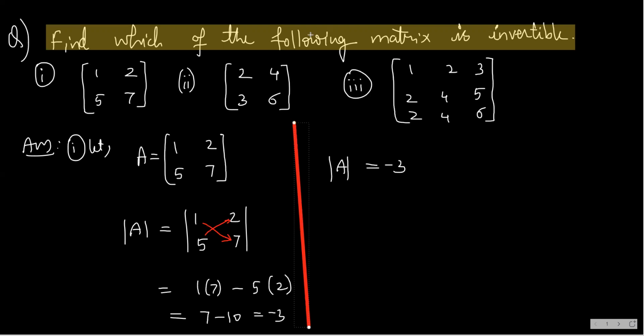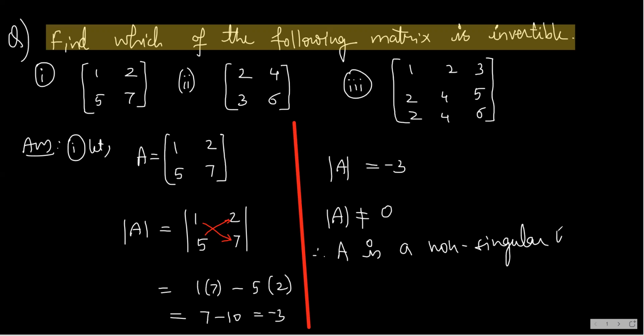What does it mean, students? It means that determinant of A is not equal to 0. It means A is a non-singular matrix. And remember, students, if A is a non-singular matrix, you will say therefore A is an invertible matrix.